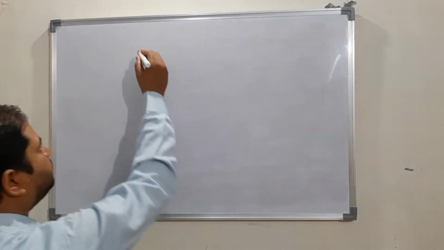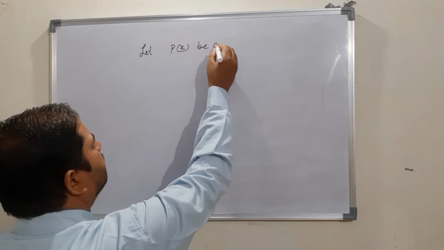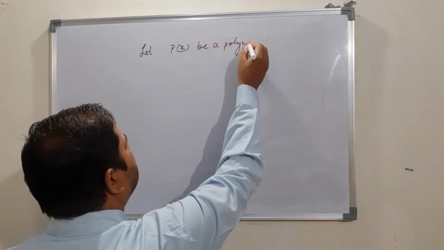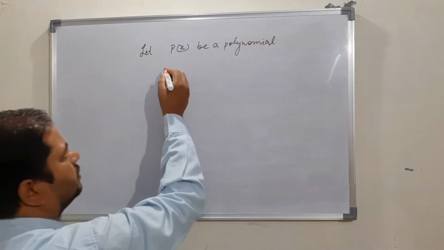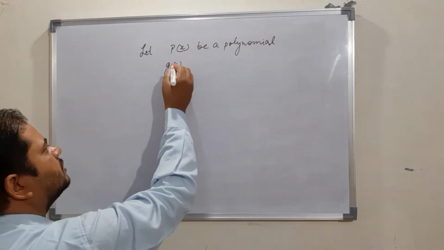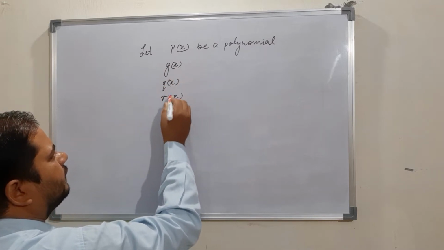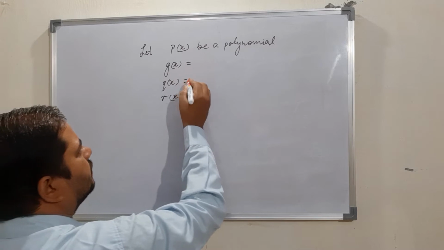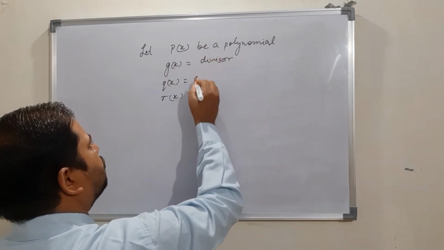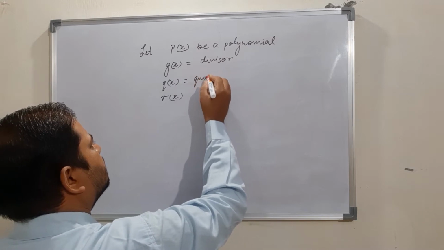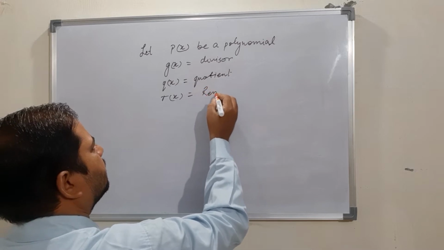Let Px be a polynomial, divided by Gx, giving Qx and Rx. This is the divisor, this is the quotient, and this is the remainder.